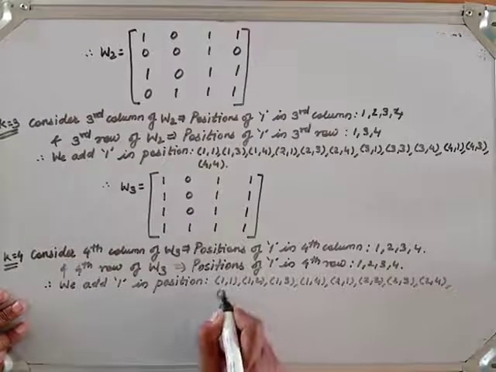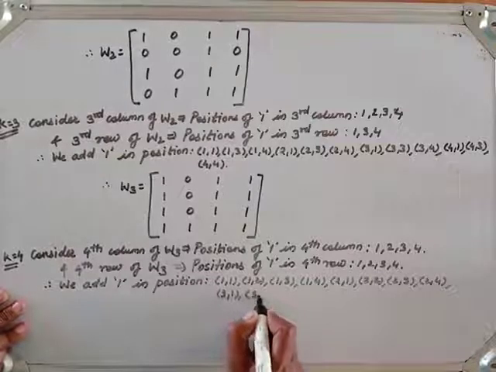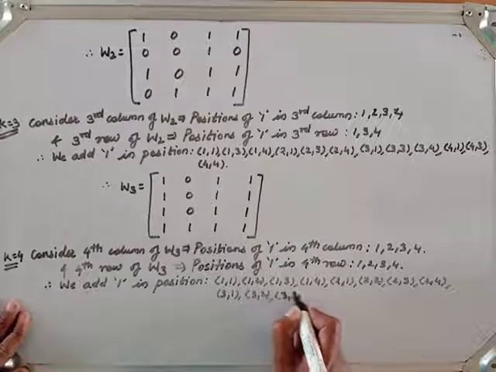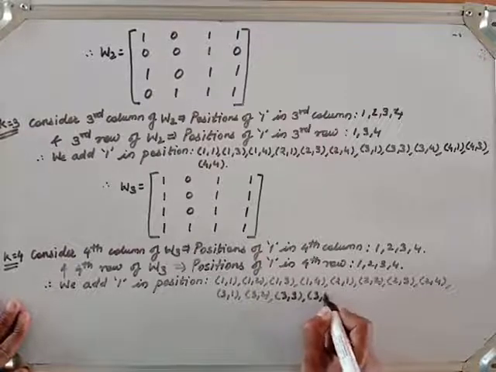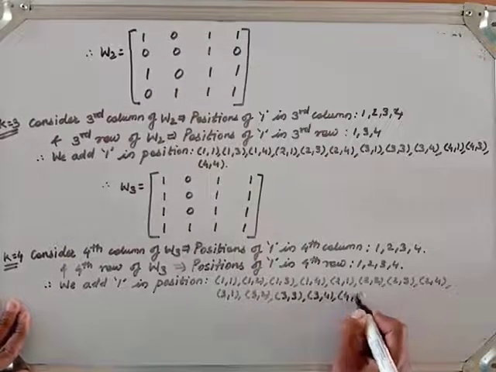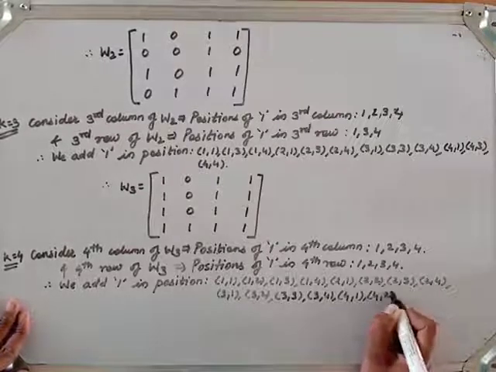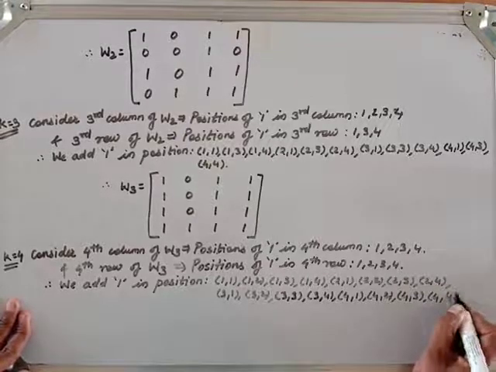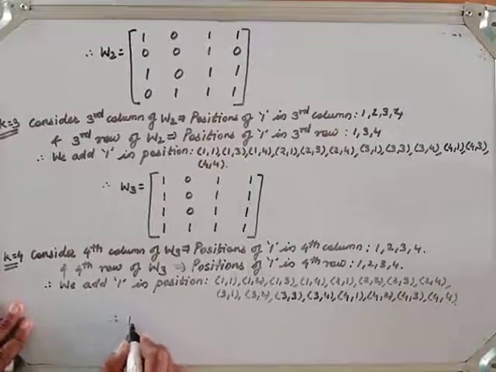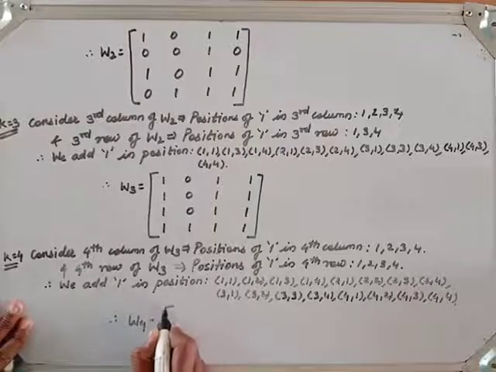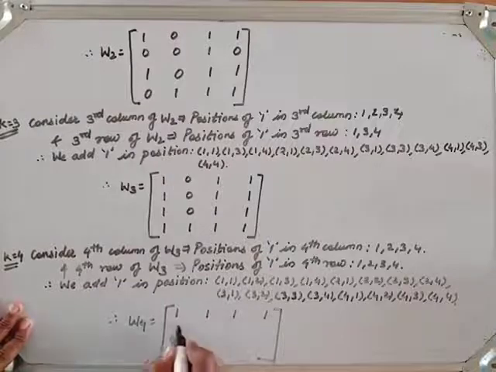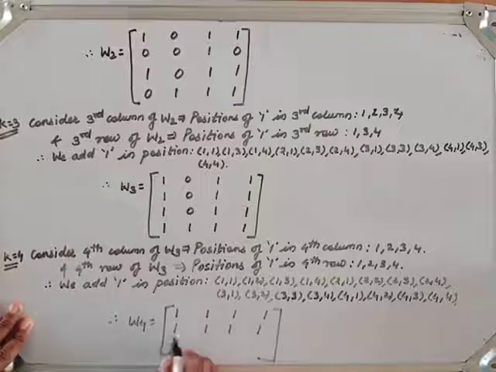Next 3 1, 3 2, 3 3, 3 4, then 4 1, 4 2, 4 3 and 4 4. So we get W4, which is nothing but 1 everywhere.